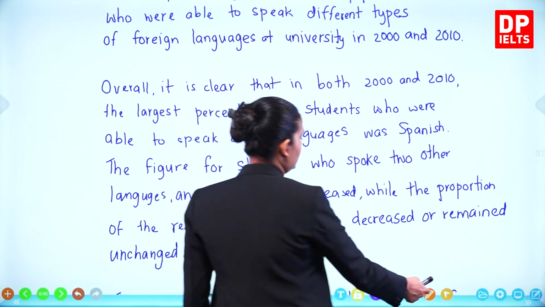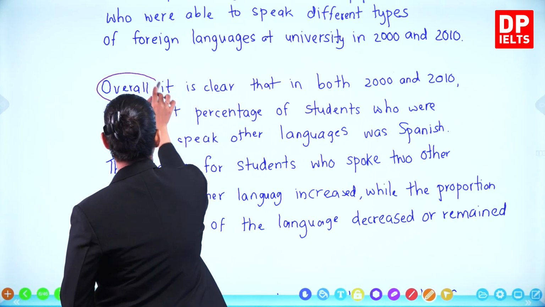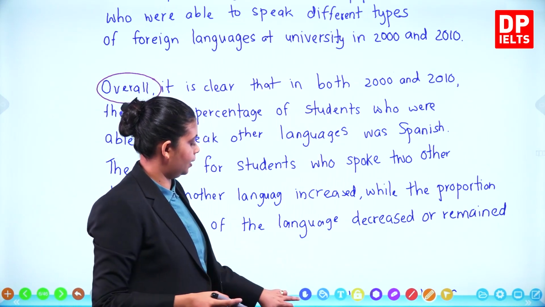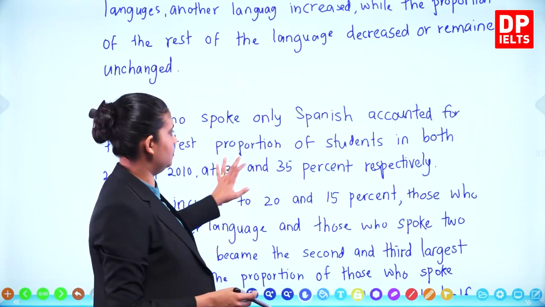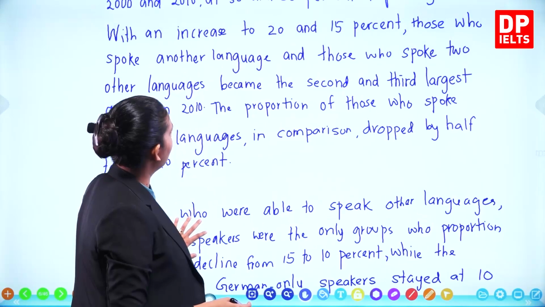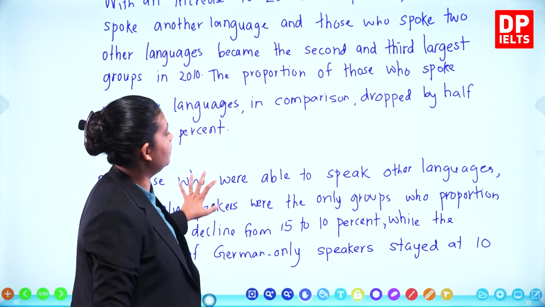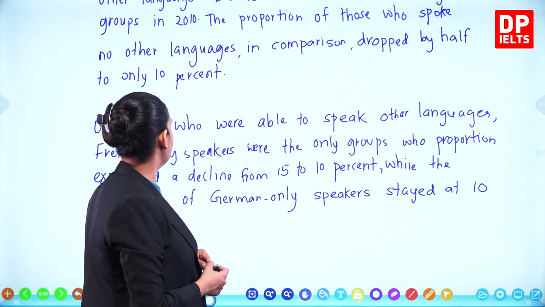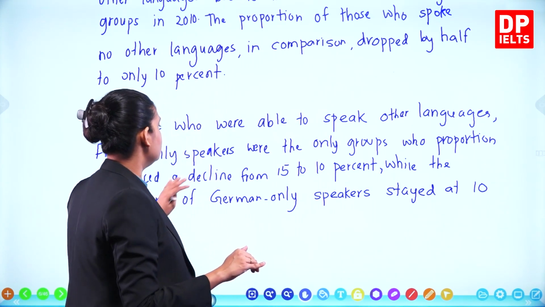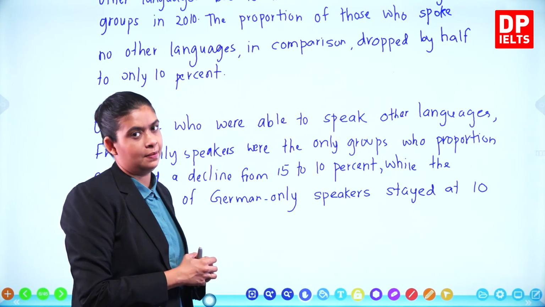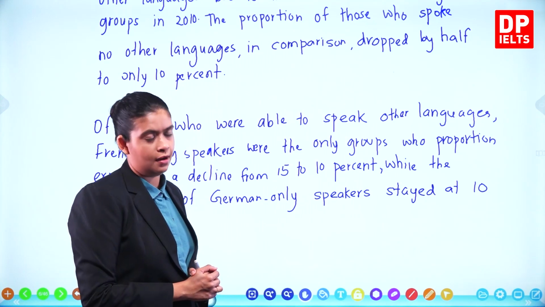Then of course signposted, and then we had a look at the word overall, and we said okay, the largest proportion is this, and then some of it increases, some of it decreases, some remain unchanged. And then I had the two body paras, okay. So similar ones, similar trends in one para, right? And here I have French and other languages where the proportions declined, and German only it remained at the same level, okay. So I hope you have written a similar answer.